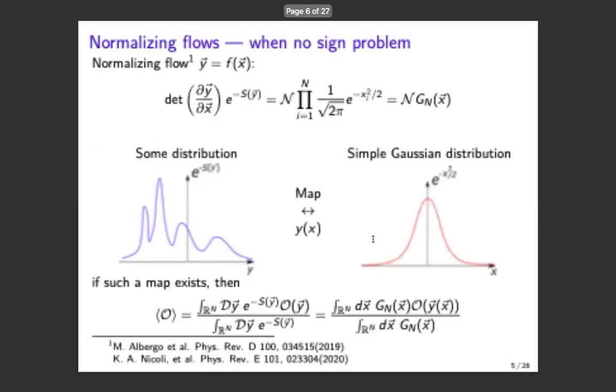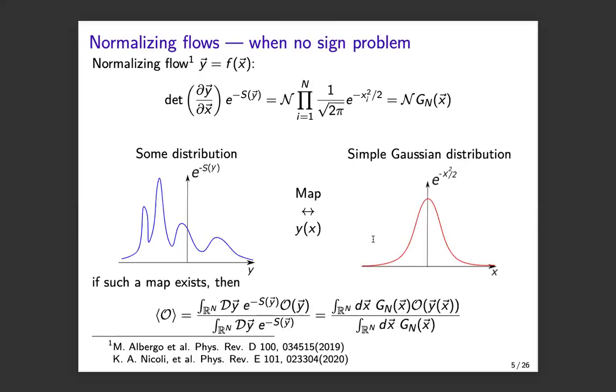So let me start with normalizing flows. What are normalizing flows? I'll first talk about the case where there is no sign problem. In this case, I have this distribution e^{-S}, which is real and positive valued.